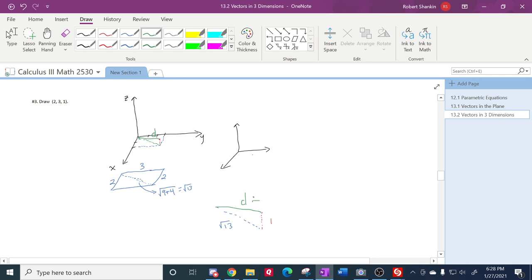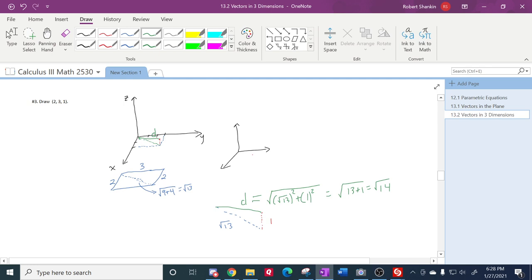And D is going to be the square root of square root of 13 squared plus 1 squared, which is the square root of 13 plus 1, square root of 14. Okay, so we found it. D is the square root of 14.